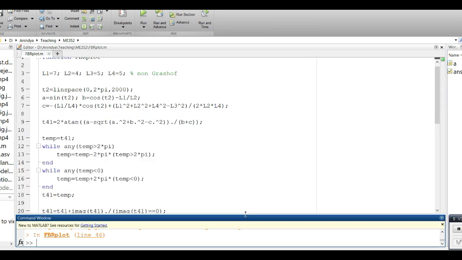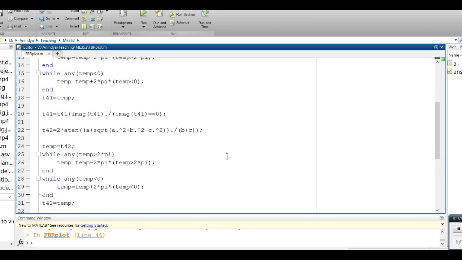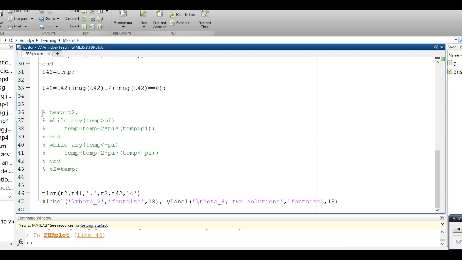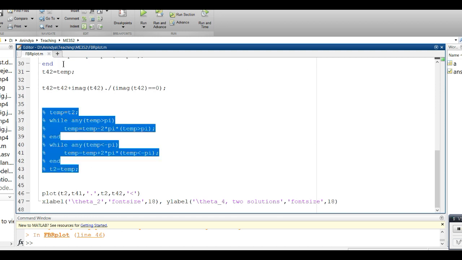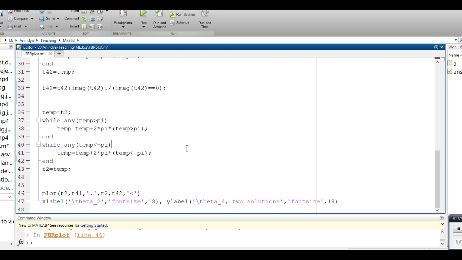The last part of the code is here, which I will now uncomment. So now if it is more than pi, then I subtract 2 pi, and if it is less than minus pi, I add 2 pi at the same locations.